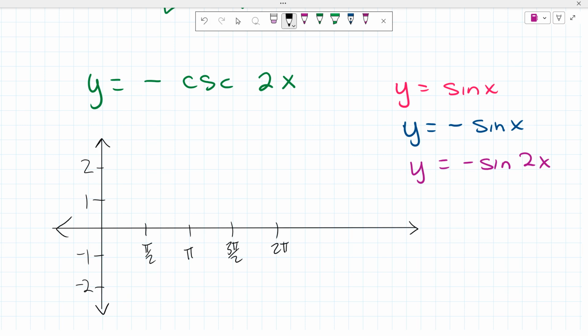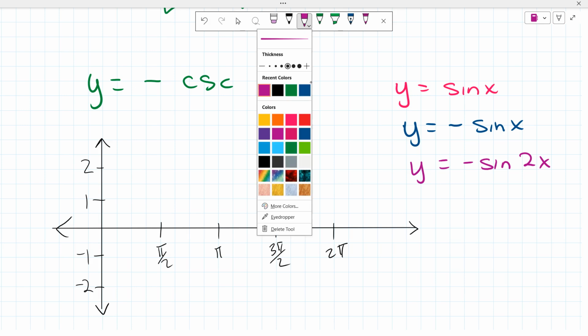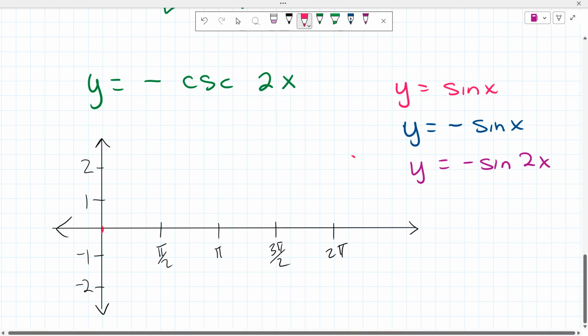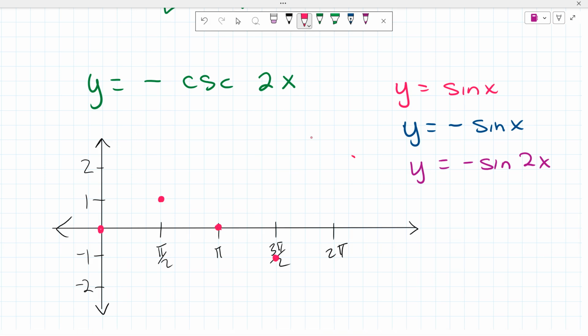Actually, I did this wrong because 3 isn't divisible by 2 very well. So I better go 4 spaces. Pi over 2, pi, 3 pi over 2, 2 pi. All right. So sine of x starts at 0, 0, pi over 2, 1, pi 0, 3 pi over 2, negative 1, 2 pi 0.